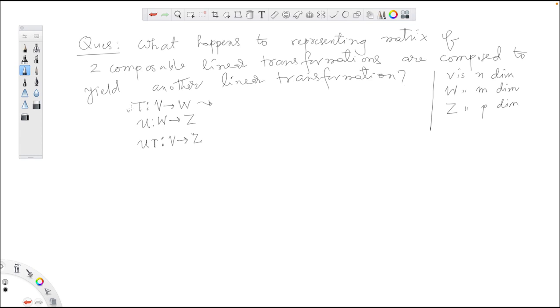And to have these linear transformations make sense, we want all three vector spaces to be defined over the same ground field F. Okay.